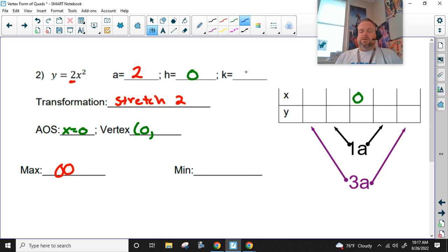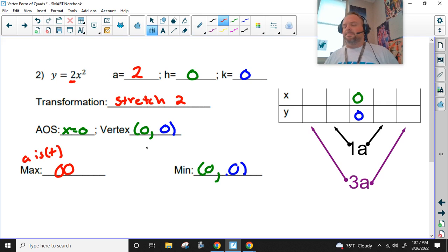And our K value is 0. And remember, the max is this because the A is positive.